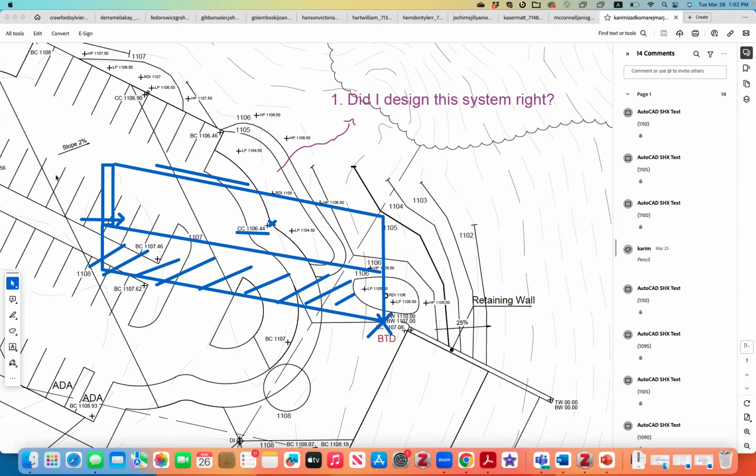Let's suppose we just minus 0.5 here. BTD equals 1105.94. So that's our bottom of the trench drain elevation.